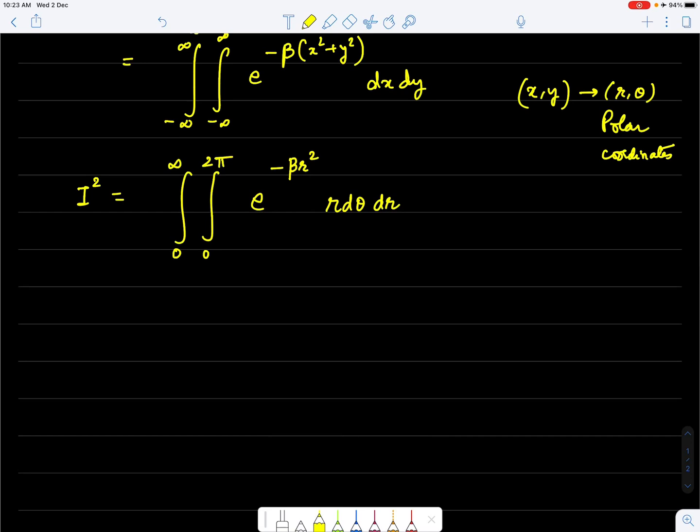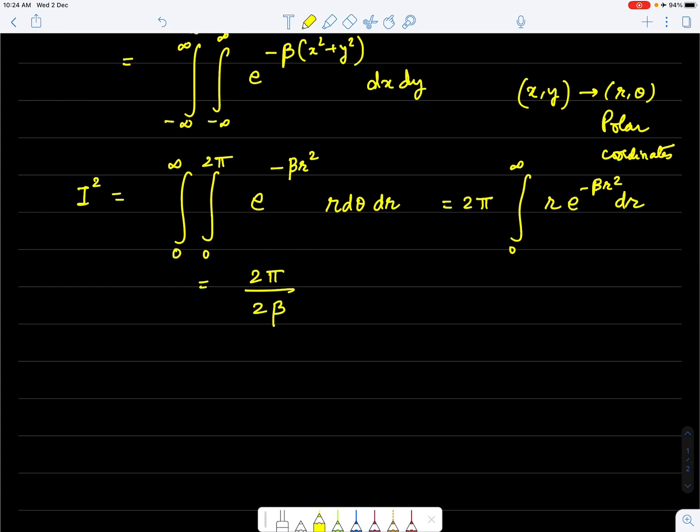Now this integral is actually quite simple to do, because the d theta integral just gives me 2 pi, and the integral from 0 to infinity of r e to the power minus beta r square dr comes out to be 1 by 2 beta.